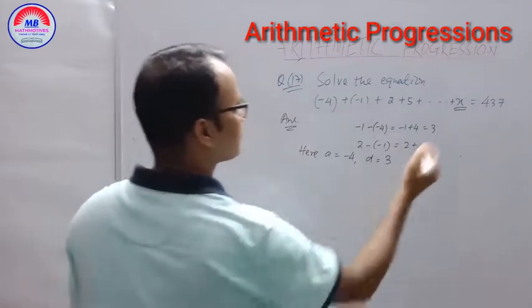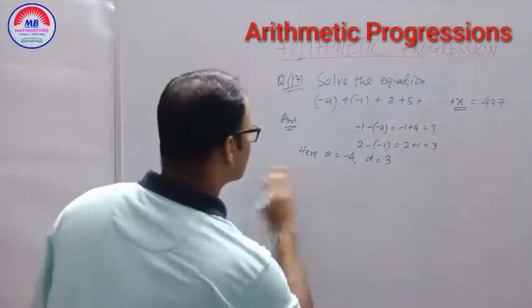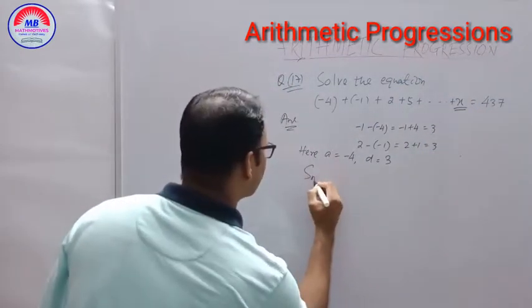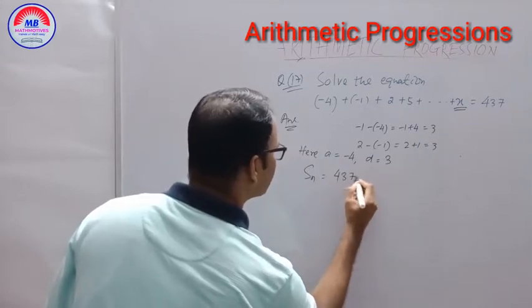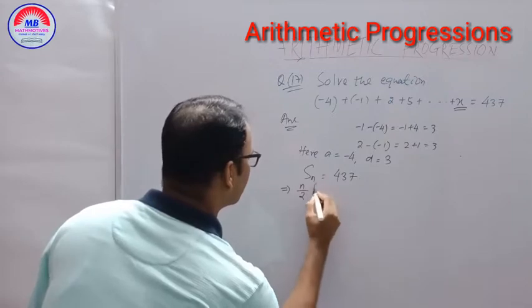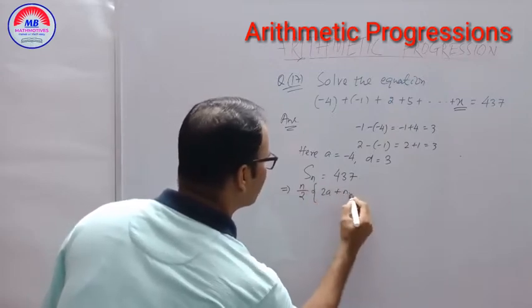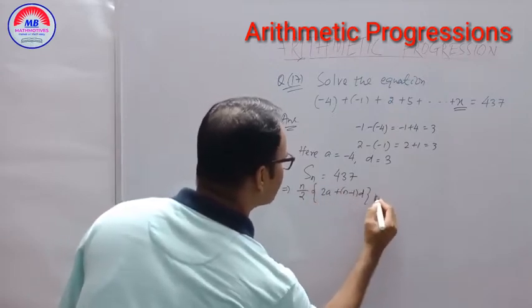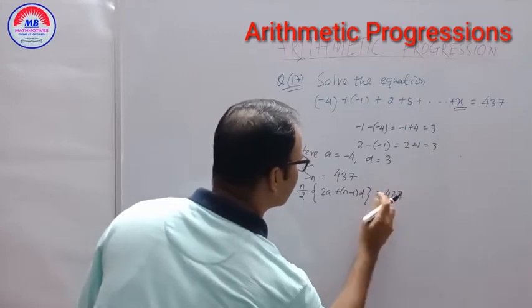Last term is x. So sum is 437, Sn is given as 437. The formula of Sn is n by 2 into 2a plus n minus 1 into d, equal to 437.